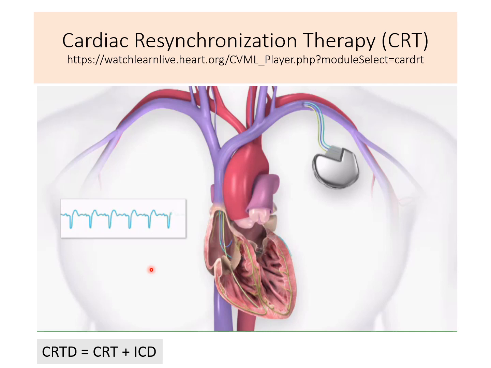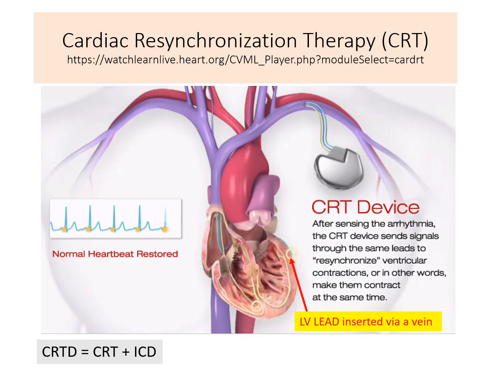Now, the idea is to put in this 3-lead pacemaker, and you can see one lead goes into the right ventricle, another lead goes into the outside wall of the left ventricle, which is why it's called biventricular pacing.